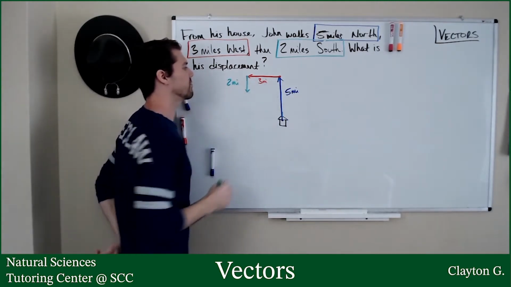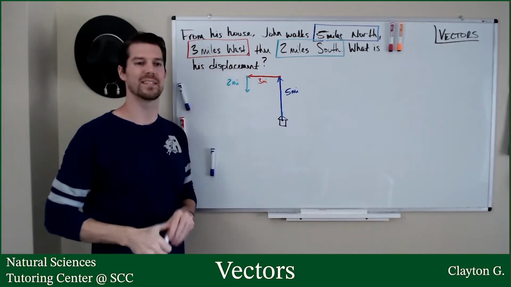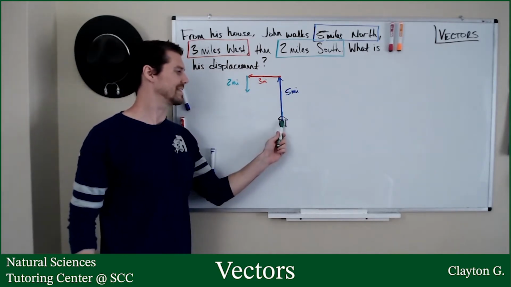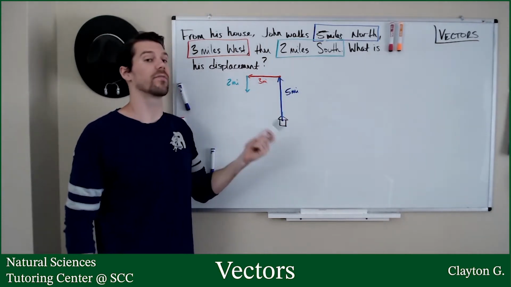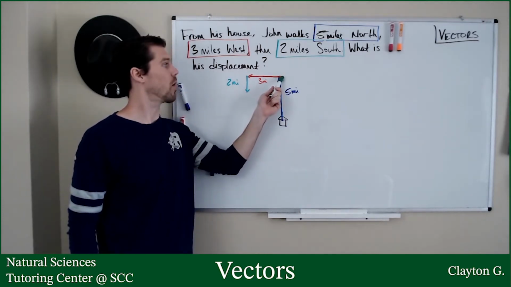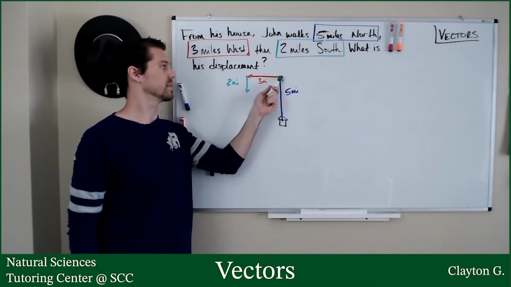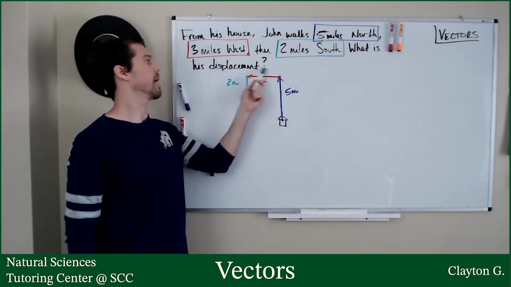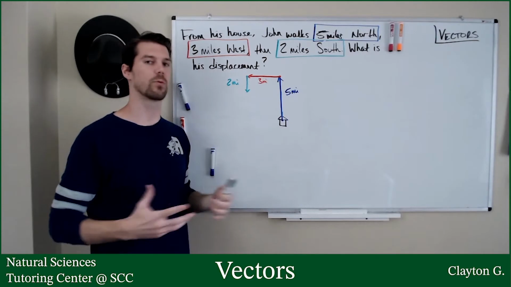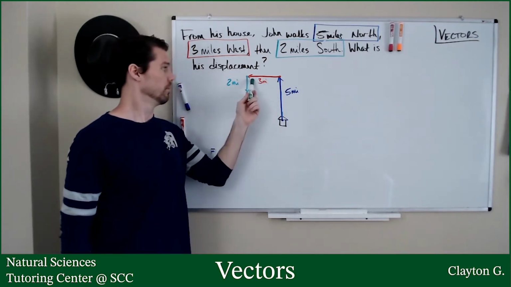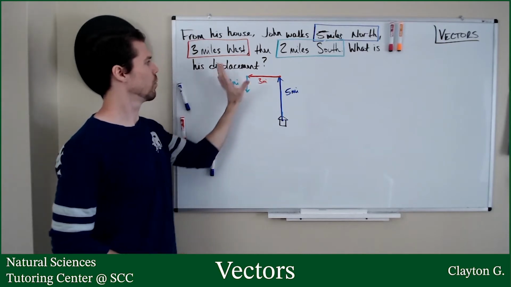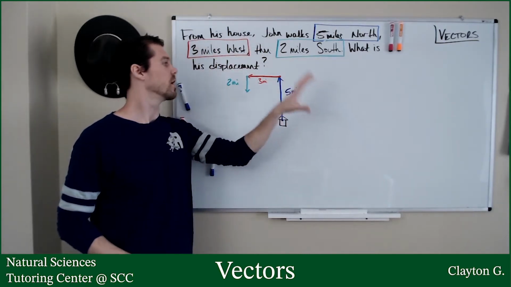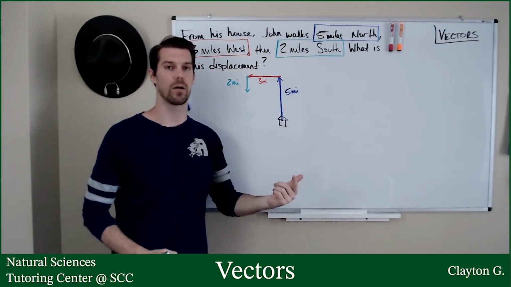And the way that I've drawn these, this is called tip to tail. So here is the tail of the first vector. Here's the tip. Of your second vector, you just put that right on the tip of the previous one, and then draw whichever direction that one's supposed to go. And then the third one, you do the same thing. So this is what it looks like when you're drawing vectors tip to tail.